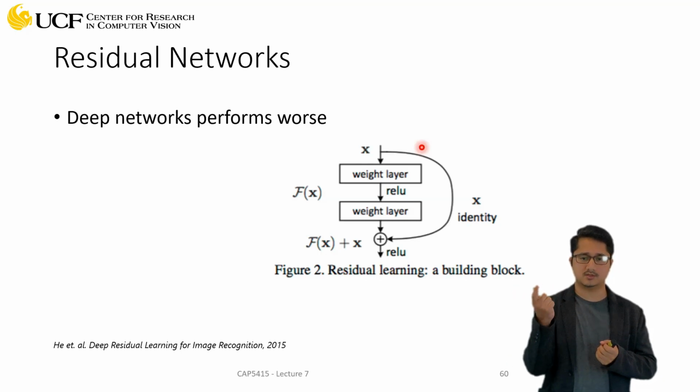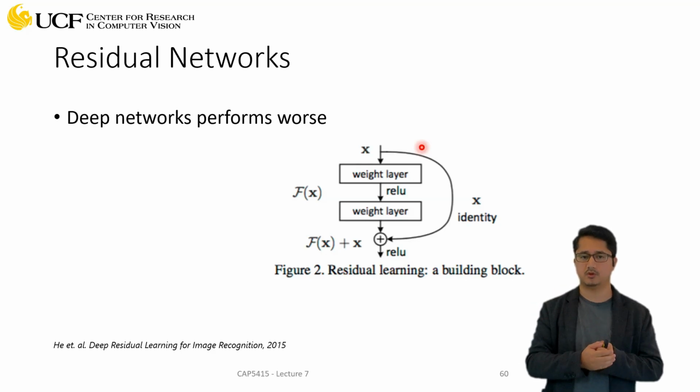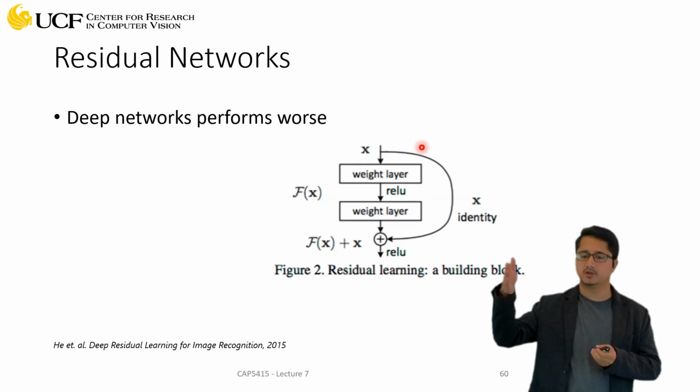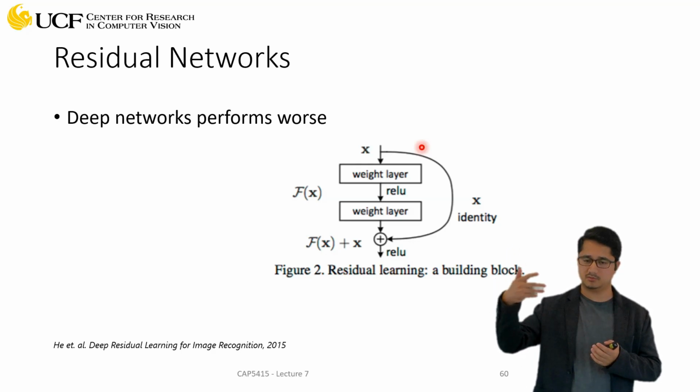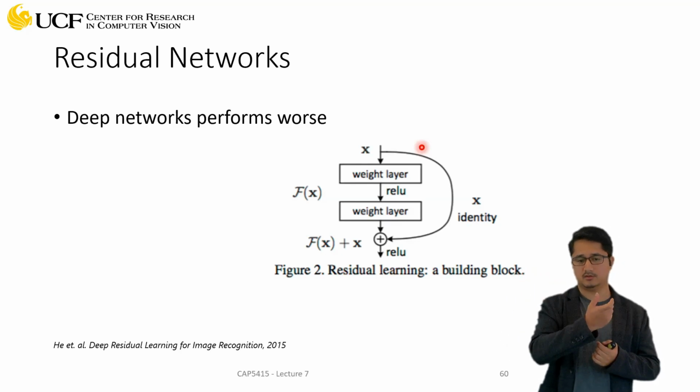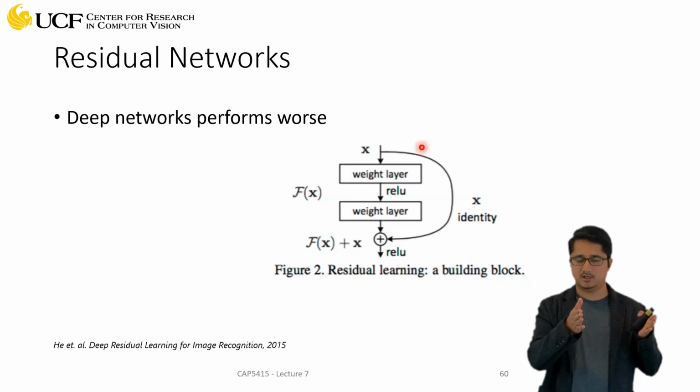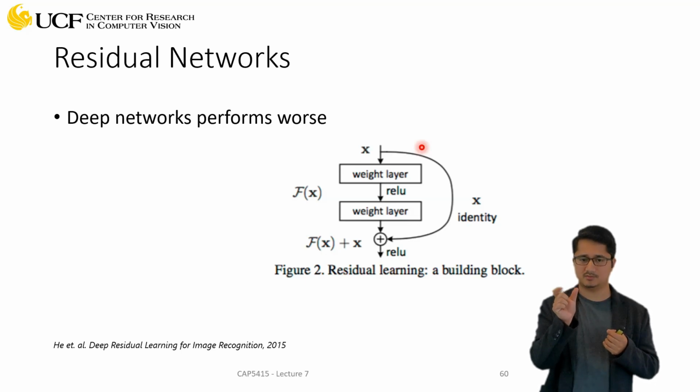So if your loss is very small and your derivative is also very small, then if you keep using the chain rule and keep computing the derivatives for your parameters in, let's say, some of the initial layers of the network, then those values will be very small because of the chain rule, which, as I said, is multiplicative, right?